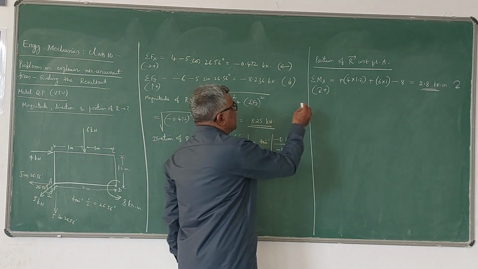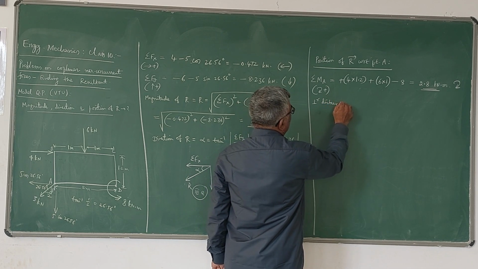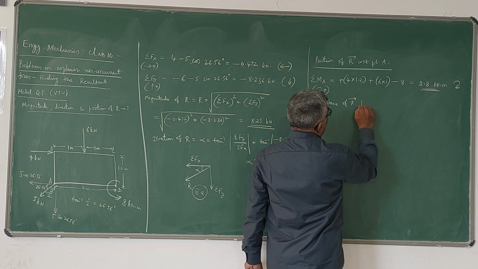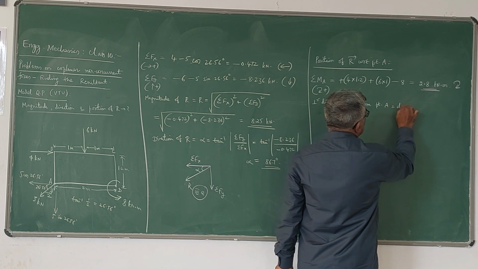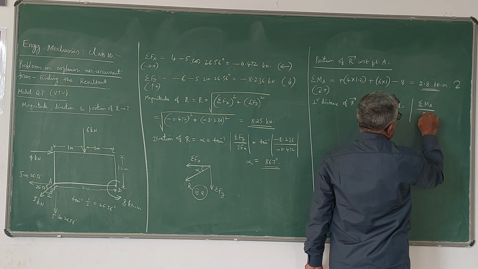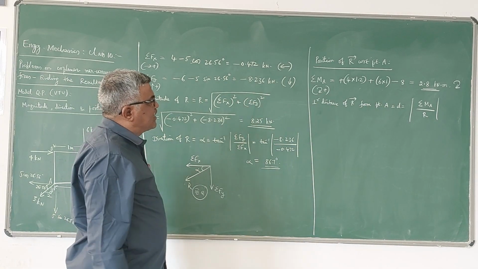Now the perpendicular distance of the resultant R from point A, that is nothing but d. d is given by, as we know, modulus of sigma MA by R. Because we are taking the distance from the point A, we are calculating sigma MA.